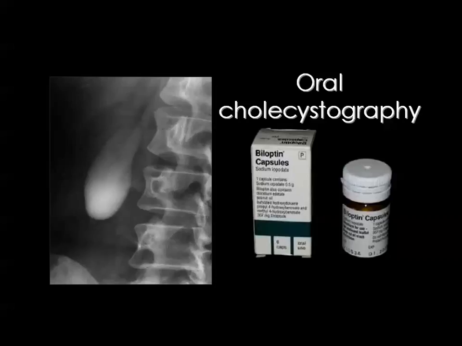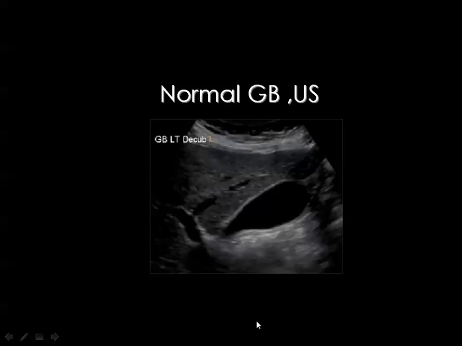Then during the night these biloptin capsules, this oral contrast media, will be concentrated by the liver into the gallbladder. Then whenever you have a plain film for the region of the gallbladder, you see the contrast media inside the gallbladder, and you can see the anatomy, you can see if there are filling defects inside the gallbladder.